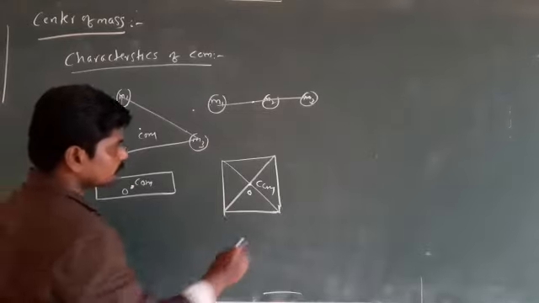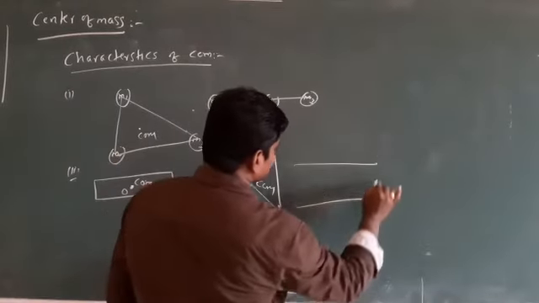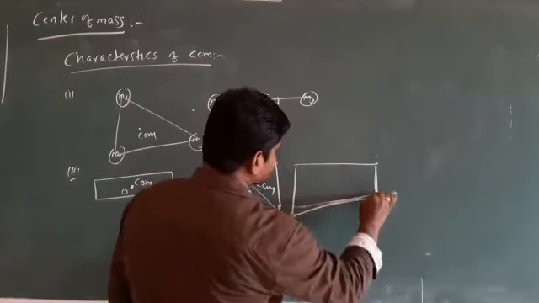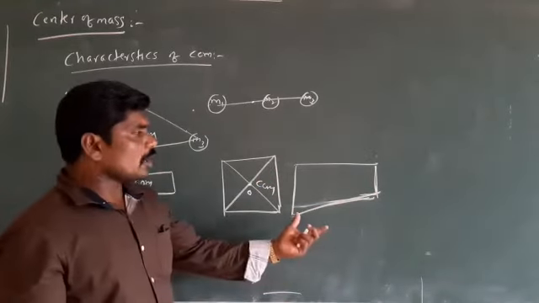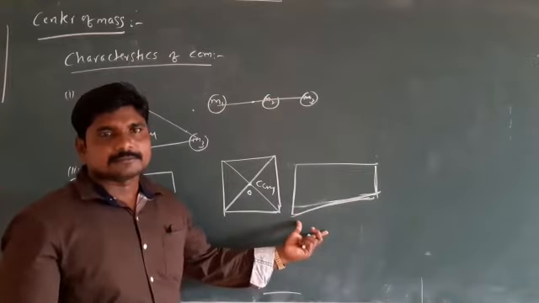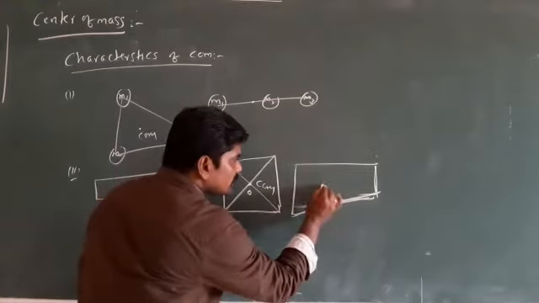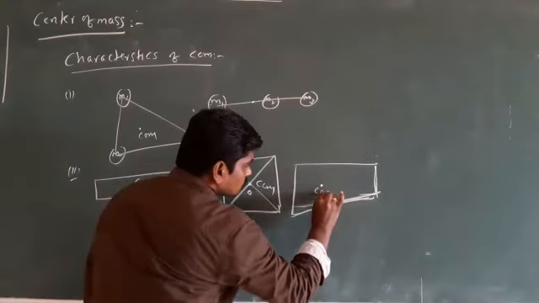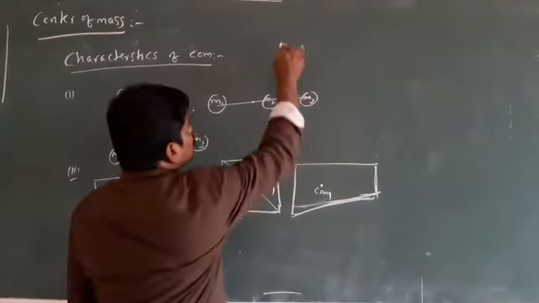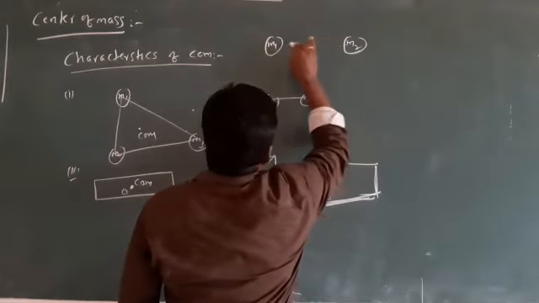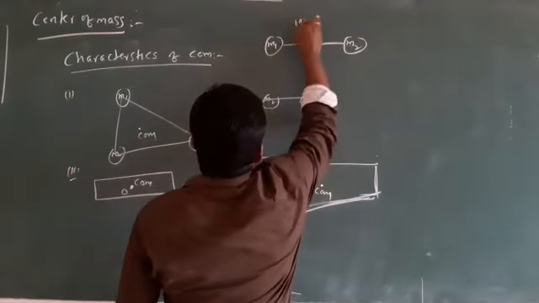For example, see this body. This is a non-uniform body. Now, the center of mass is nearer to the heavier side mass, like this. Consider two particles of equal masses m1 and m2, separated by a distance of 10 cm.